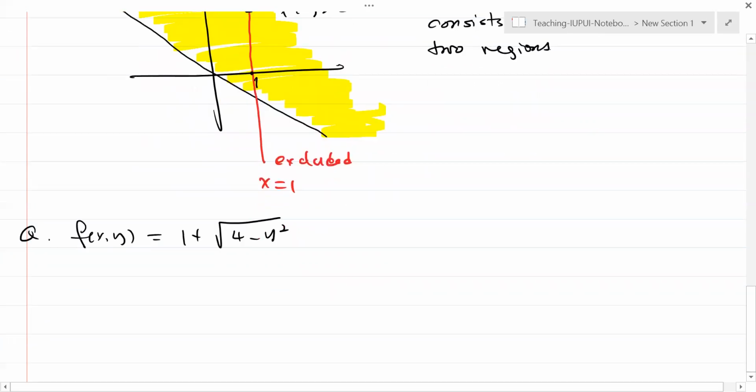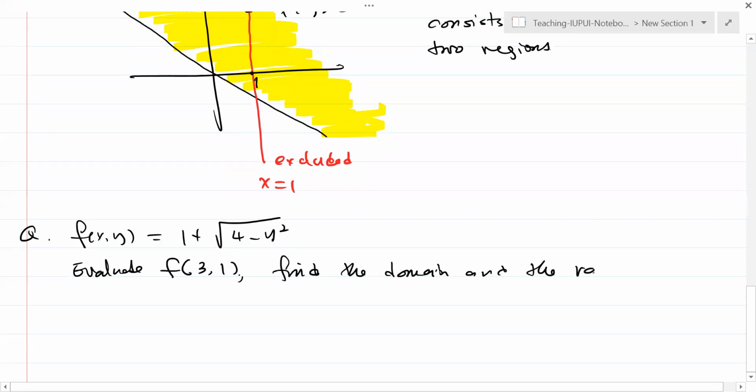We want to find the value of the function and evaluate f(3, 1). And we have to find the domain and the range of the function.